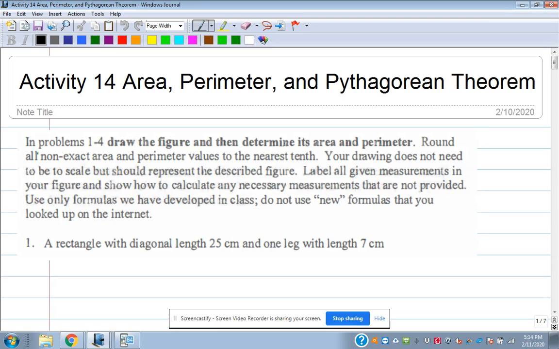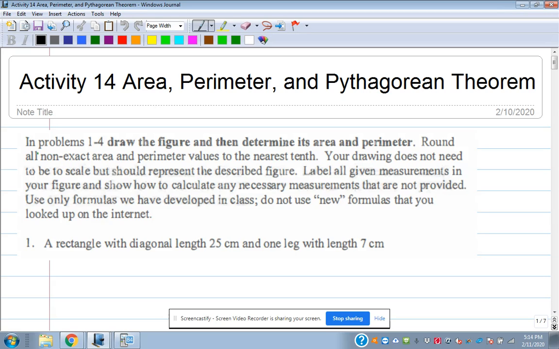Also, use only formulas that we've developed in class, so don't make up new things. So the normal formulas that we've used for area and perimeter. Don't use the diagonal times diagonal formula, if you know that one, for parallelograms and rectangles.